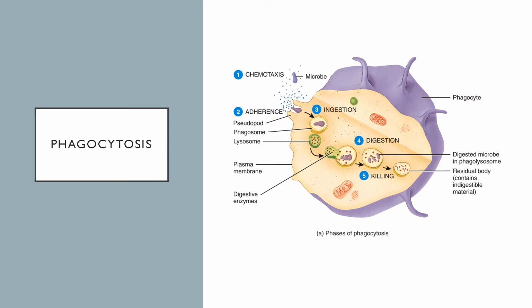When microbes penetrate the skin and mucous membranes or bypass the antimicrobial substances in the blood, the next nonspecific defense consists of natural killer cells, or NK cells, and phagocytes. About 5 to 10% of lymphocytes in the blood are natural killer cells.